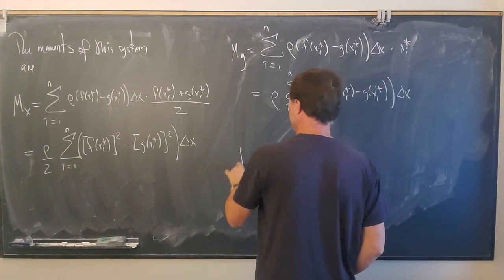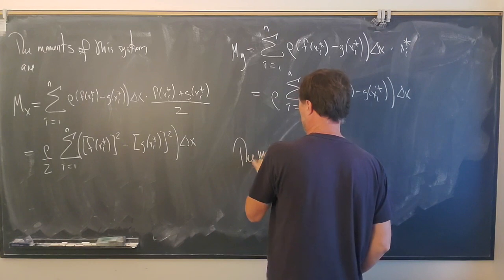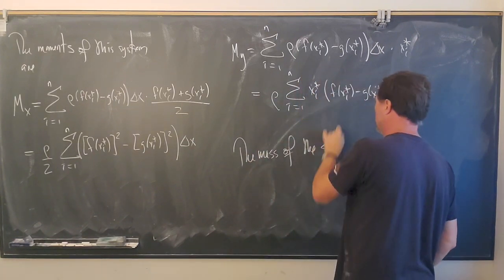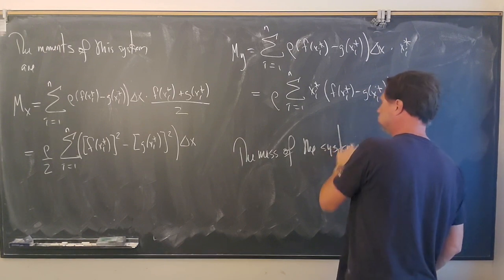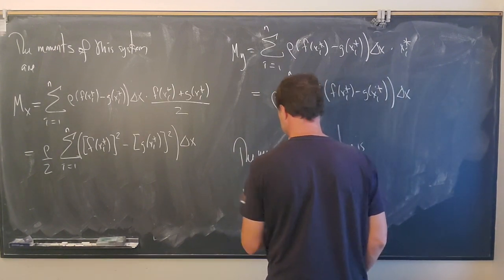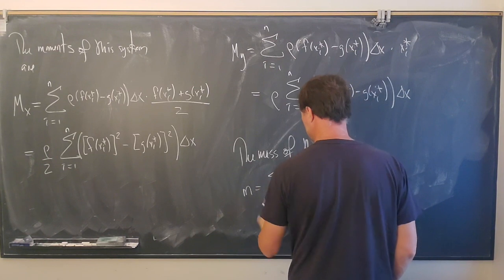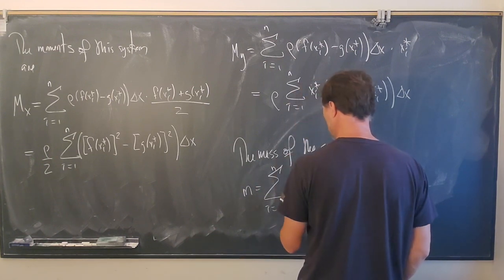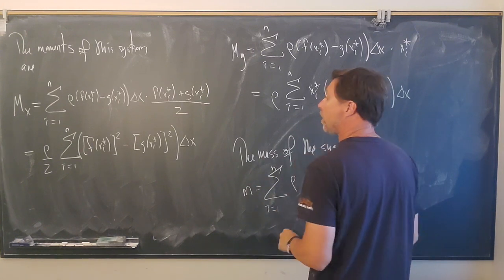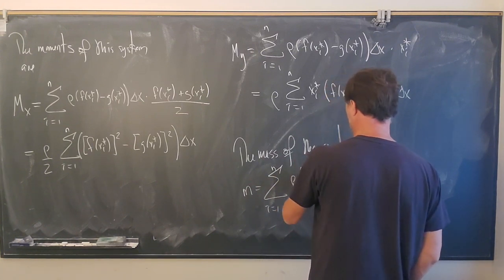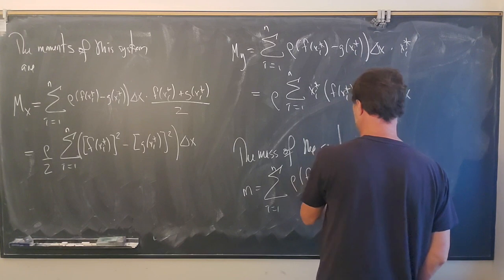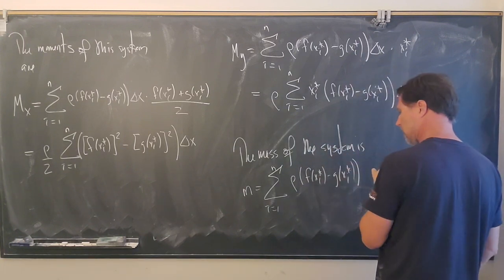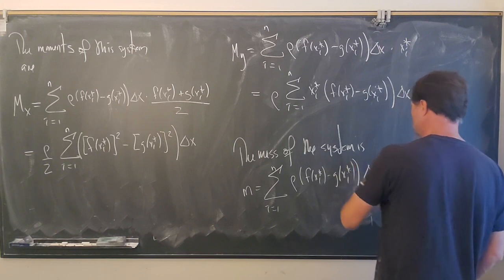So the mass of the system is little m, and that's just going to be the sum of the masses. So the sum from i equals 1 to n of rho times f of xi star minus g of xi star times delta x.